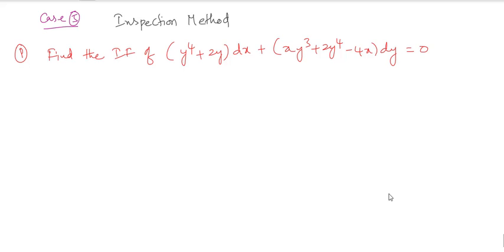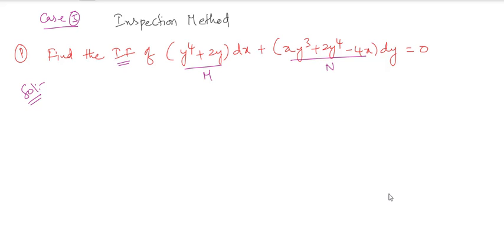For this you have to get the integrating factor. First, take this as M and this as N. They directly asked for the integrating factor, so it is not an exact differential equation.